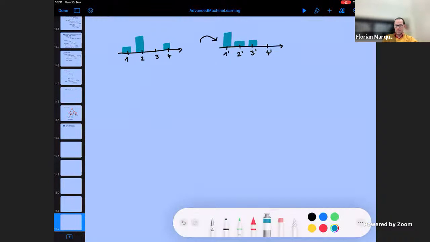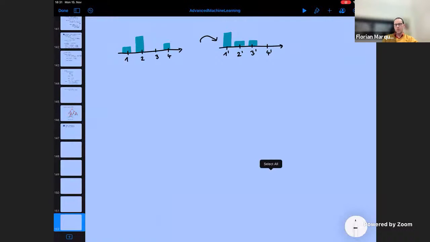So if I'm permuting labels, what does that do to the entropy? And the funny thing is the entropy doesn't change. The entropy doesn't care about how you label your discrete events.